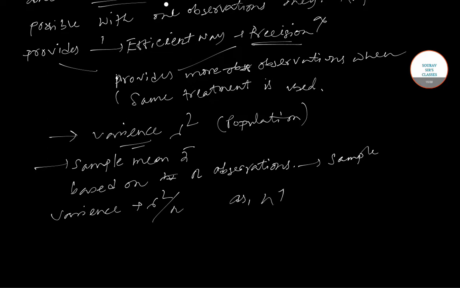So as n increases, sigma square by n falls.